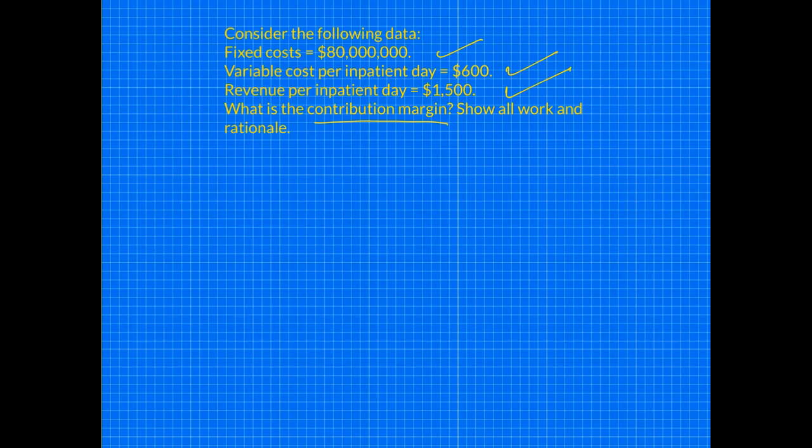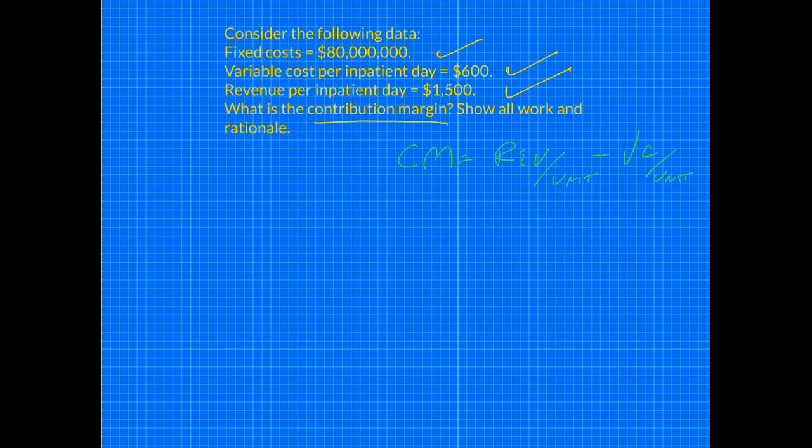So contribution margin is basically, I'll call it CM. Contribution margin is basically the revenue per unit, or whatever, day, patient, whatever you want to call it, minus the variable costs per that unit, day, patient, visit, whatever it is.